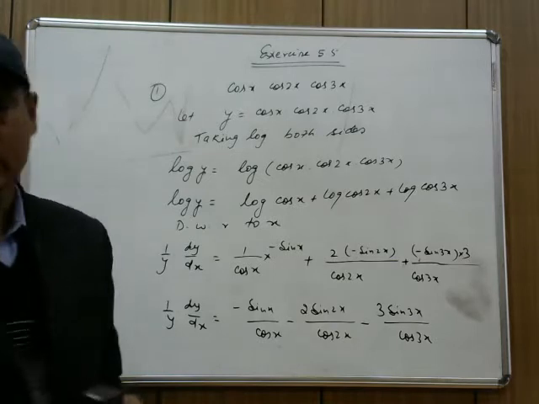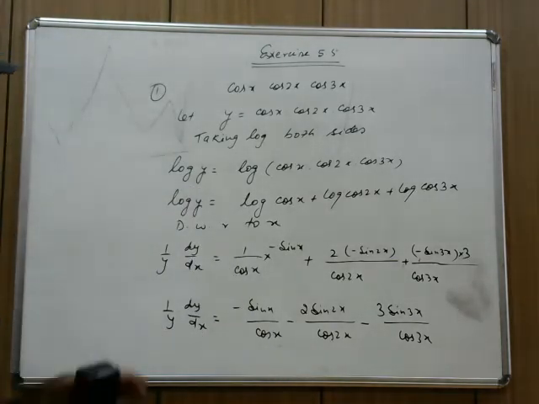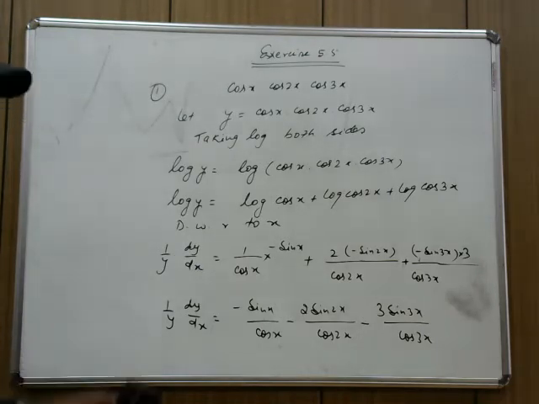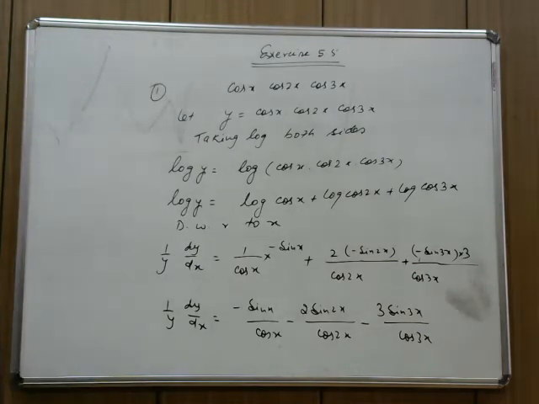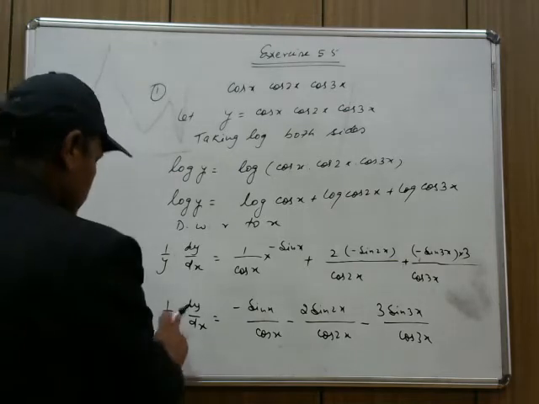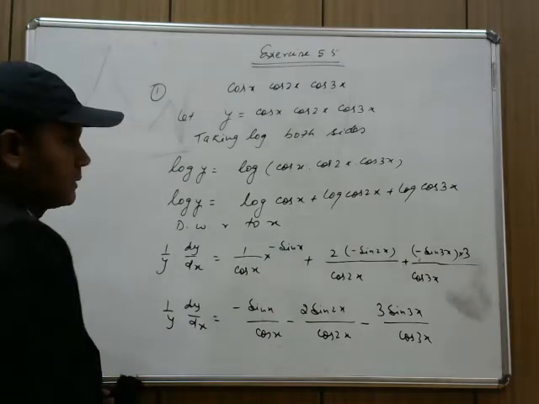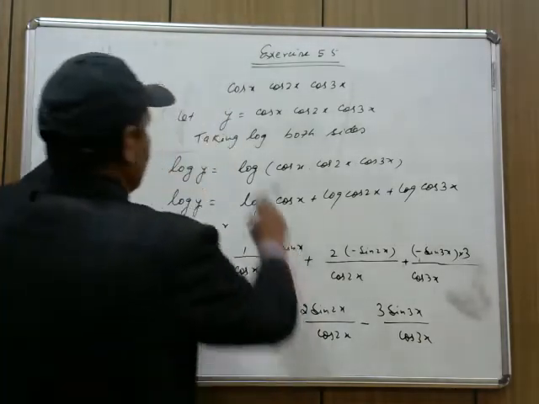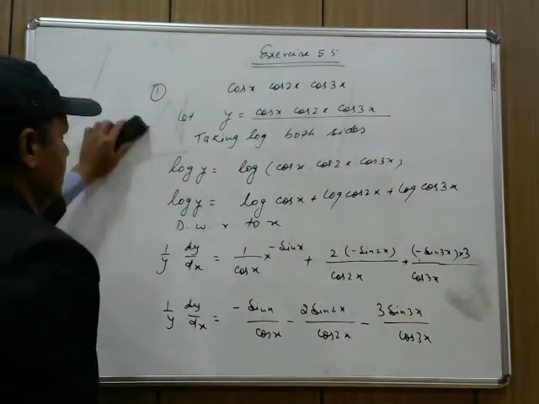But we are asked to find out the value of dy by dx. Still 1 by y is there on the left hand side. That's why I will carry this part on the right hand side. Right? That means now dy by dx is equal to y on the right hand side, it will become a product. And y is equal to what? Cos x into cos 2x into cos 3x.